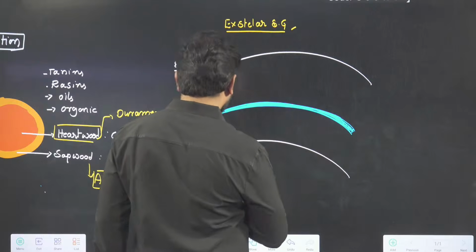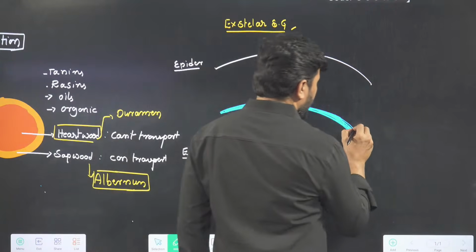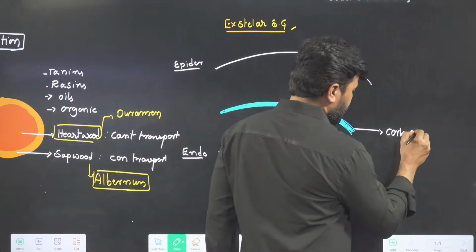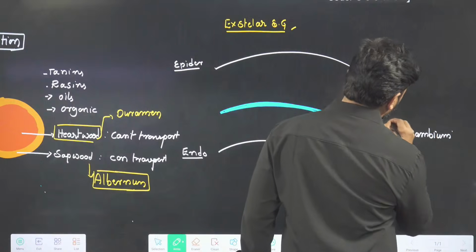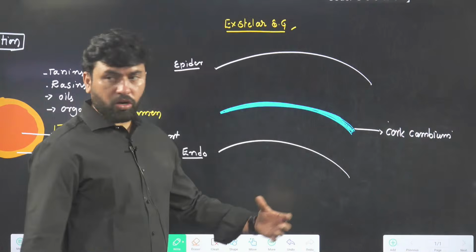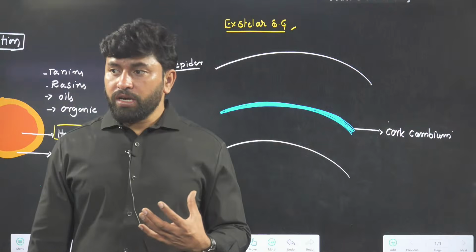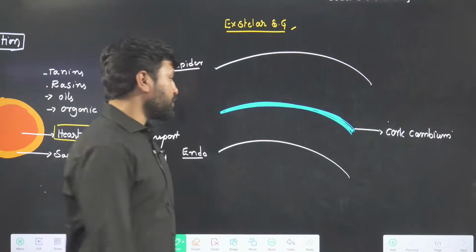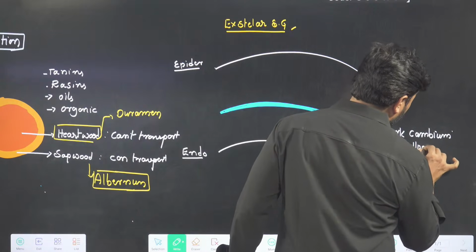Then they develop cork cambium. The cortex cells undergo de-differentiation and they develop cork cambium. Now, the cork cambium has a special name called phellogen.